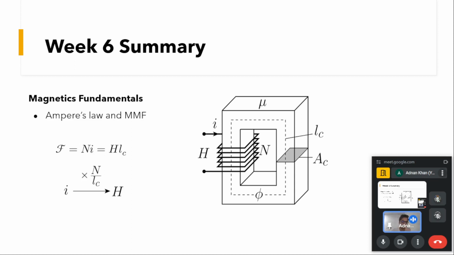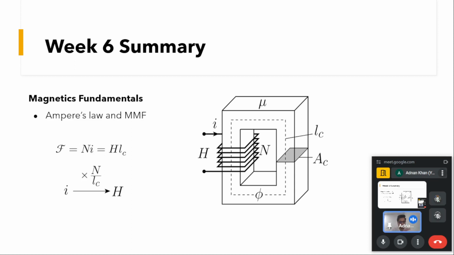If we wind this current carrying conductor around the core, as you can see here, a magnetic field intensity is produced by this current carrying conductor, and this generates a magnetic flux inside the magnetic core.